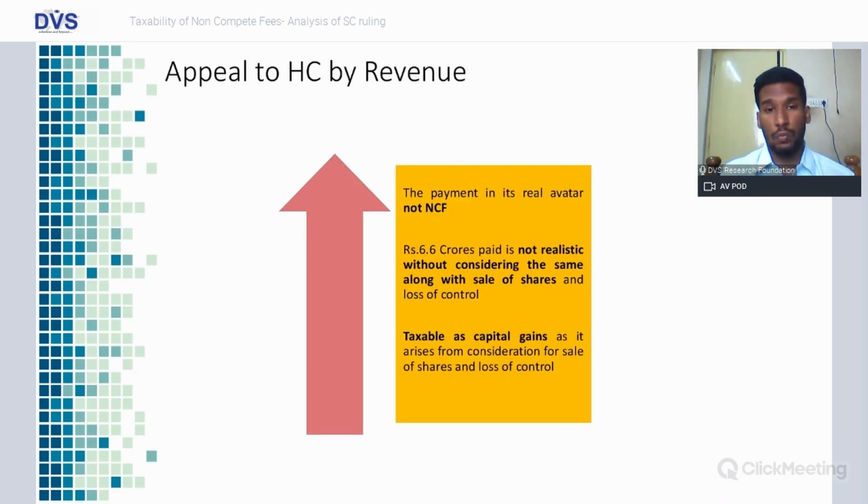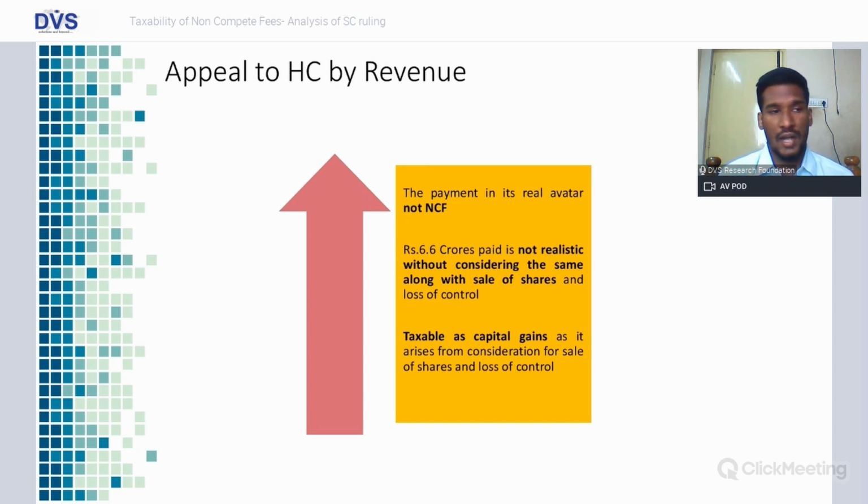The case again went to the High Court, and the High Court gave a very interesting judgment, clearly deviating from the stance of the AO, ITAT, and even the assessee. The High Court stated that the rupees 6.6 crores received by the assessee is not in consideration for refraining from carrying on a particular business, but was completely connected with the sale of shares as well as the loss of control.